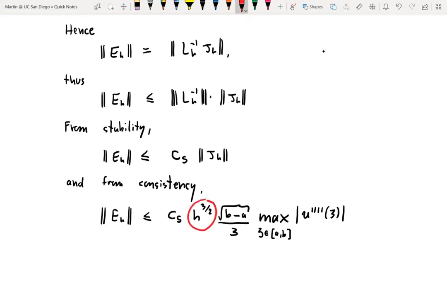So in particular, we get the same power of h in the error estimate for the error term EH that we already have in the error estimate for the truncation error tau H. As the mesh size h goes to 0, the Euclidean norm of the error term EH goes to 0 as well.